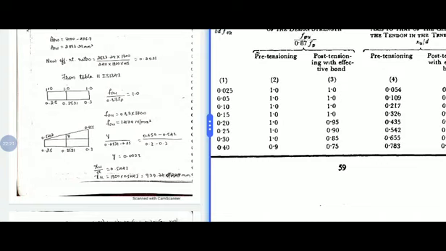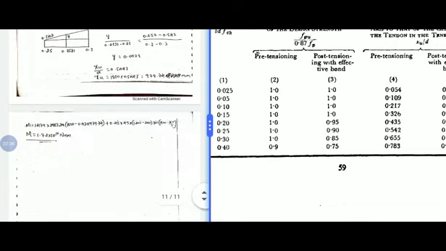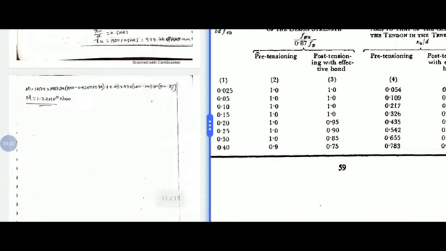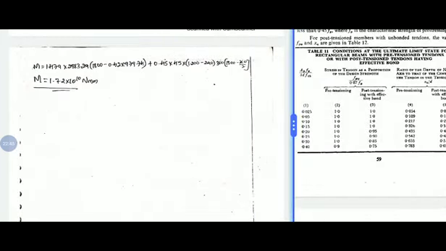On interpolating we will get XU by D ratio as 0.5443 and XU value as 979.74 mm. Then on considering the equation and substituting all the values, we will get 1.72 into 10 power 10 Newton mm as the ultimate flexural strength of the member at the center of the span.